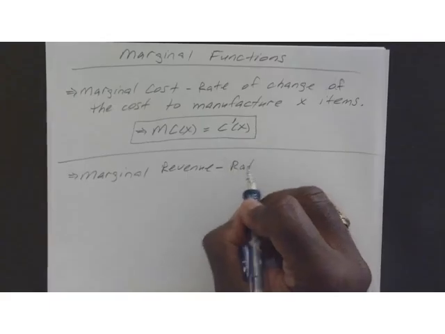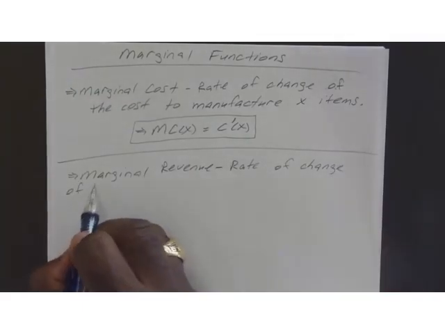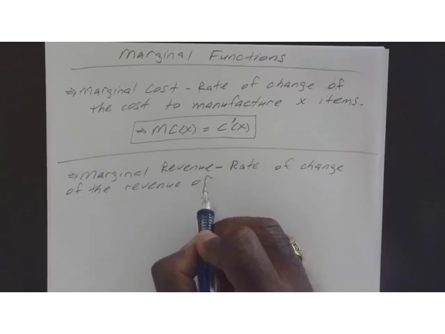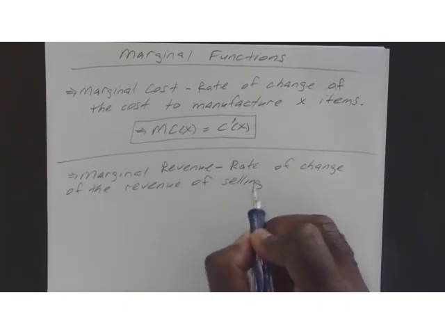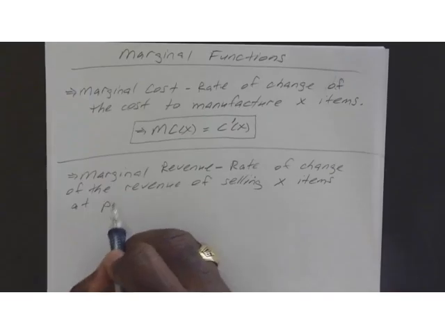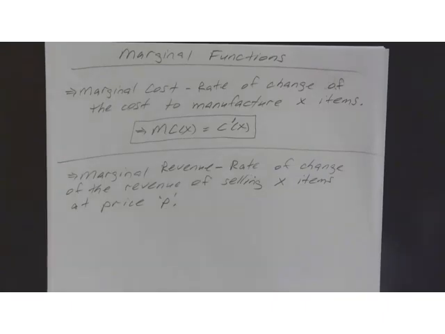That's the rate of change of the revenue selling X number of items at price P. The marginal revenue is just R prime of X.